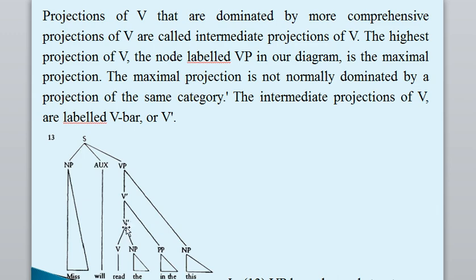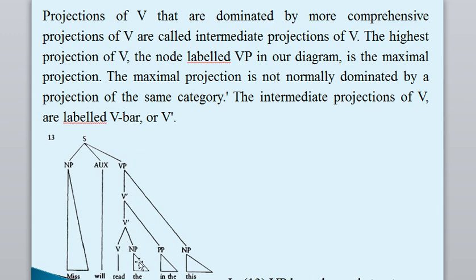Then this V1 bar combines with another PP, in the garden shed, and produces the second V1 bar, and at last the V1 bar combines with this afternoon, and we compose the VP.